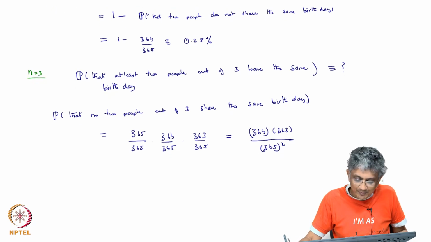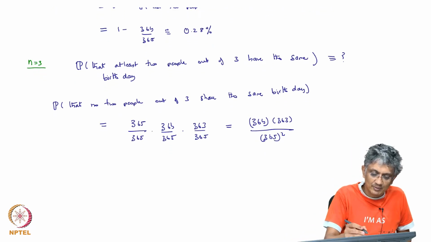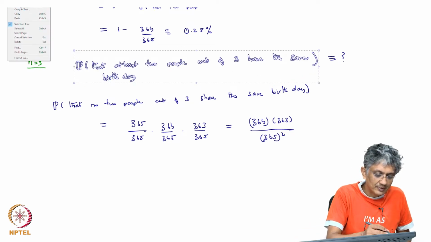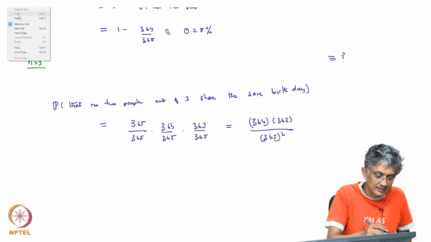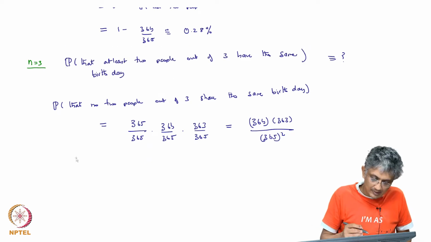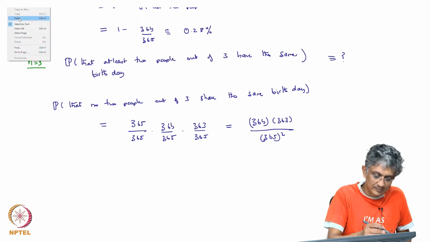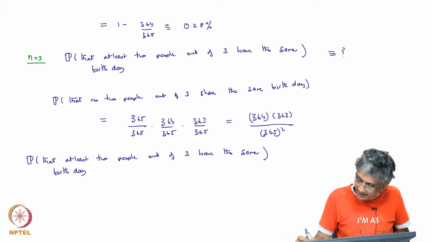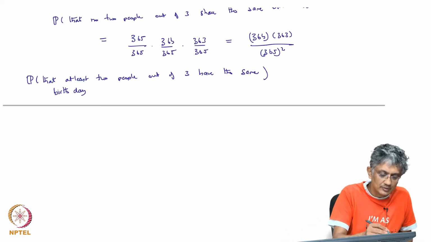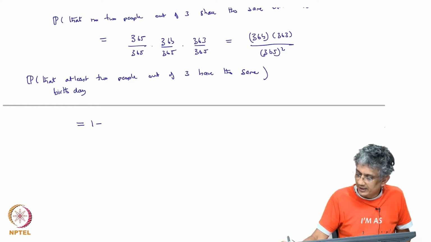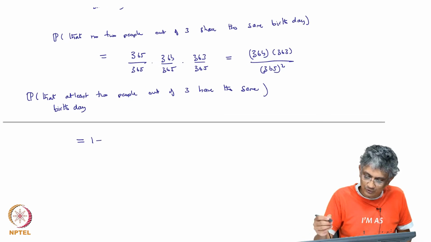And then the required probability that we have in mind, we want this probability. Let me paste it again. This probability is going to be equal to 1 minus this probability, the probability that no two people share the same birthday.